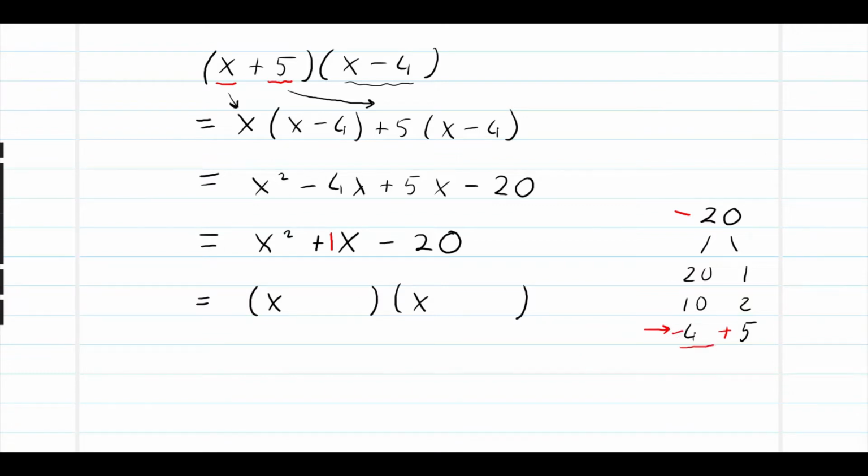So they're the two factors we're going to take. You put the minus 4 in here and plus 5 on this side. You can see that's the same as we had at the start, just reversed around. x plus 5 is the second bracket and x minus 4 is the first bracket here, but it's the same thing. You're just doing them in a different order.